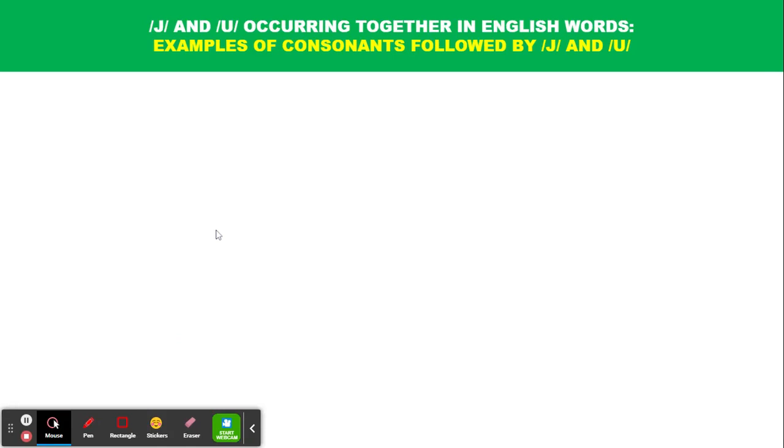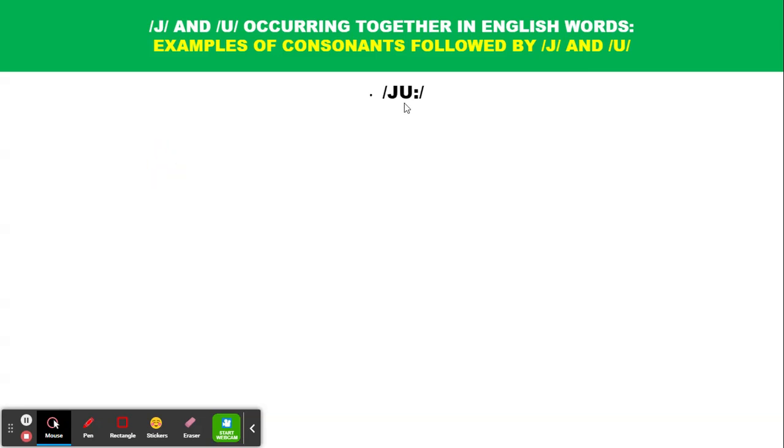Now, finally, we want to again take a look at the J and U occurring together in English words. And we are going to take another look at examples of consonants followed by J and U. And we are going to repeat them as a way of practicing how to pronounce these words correctly.